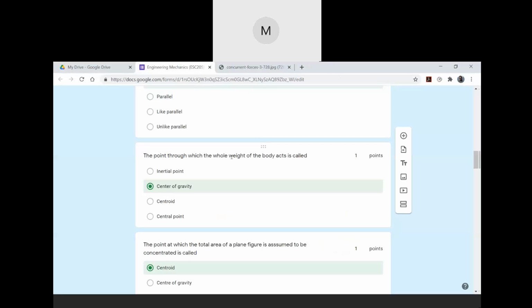The point through which the whole weight of the body is acting is known as the center of gravity. We discussed it in the class. The center of gravity of a body is the point through which all the forces are assumed to act.